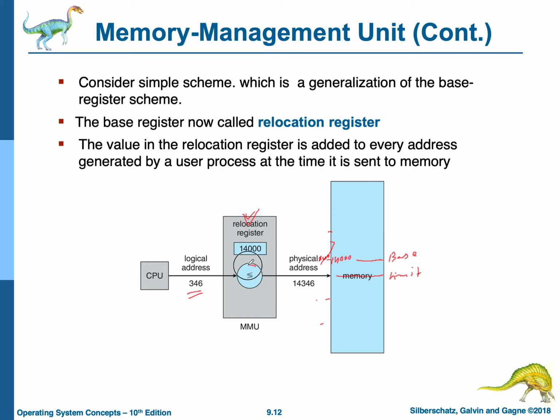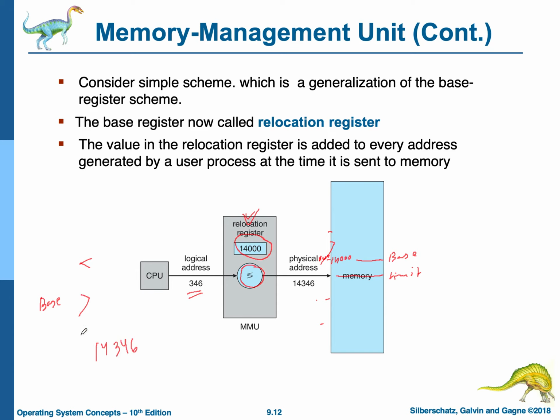Now here we see two symbols, the less than symbol and the greater than symbol. When we are comparing with the base, whatever new address is coming is added to this relocatable address. Suppose it's 14,000, then 14,000 plus 346 becomes 14,346.